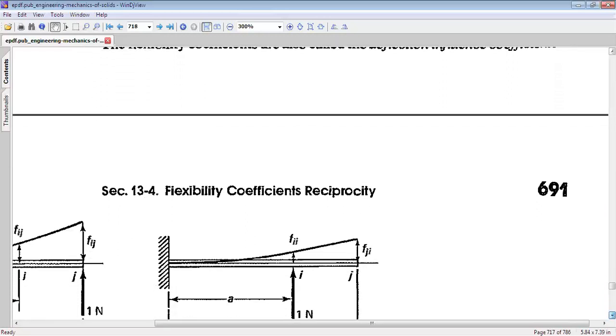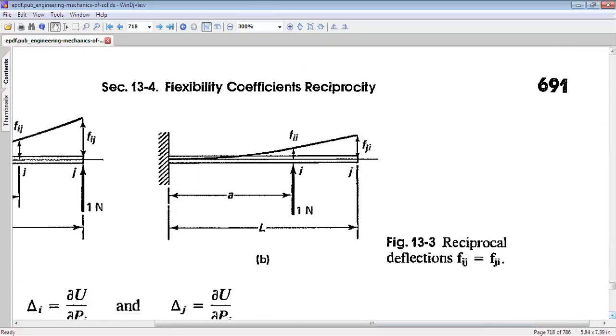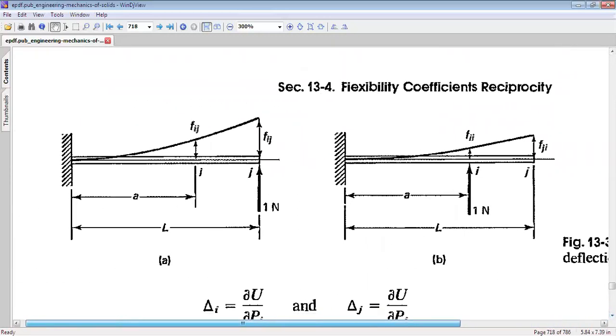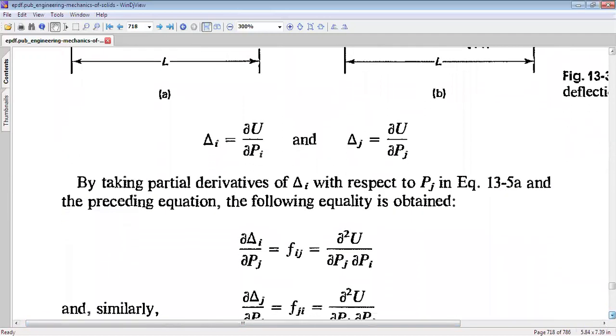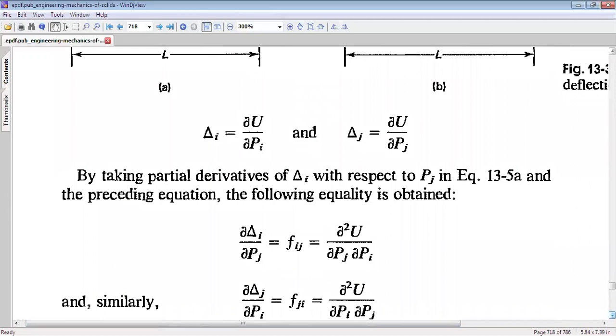Now, using Castigliano's second theorem, we can write that Δ_I = ∂U/∂Pi and Δ_J = ∂U/∂Pj, where capital U is the strain energy of the system.